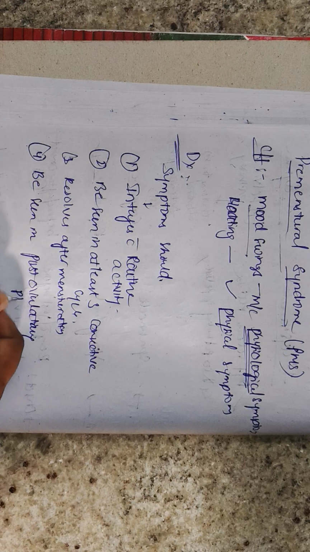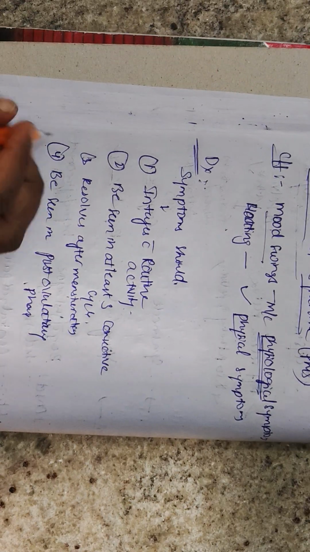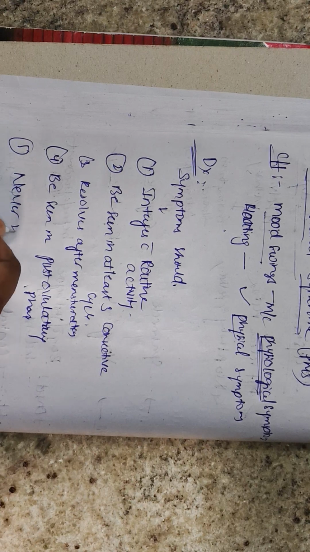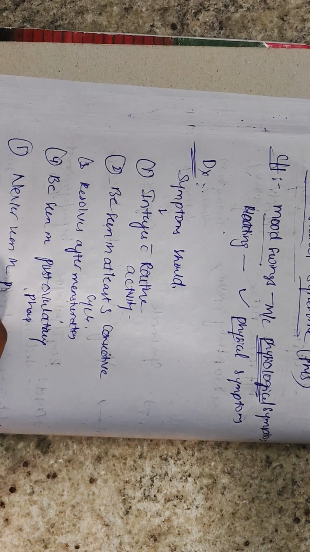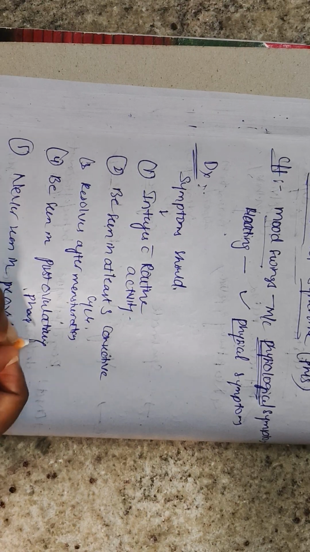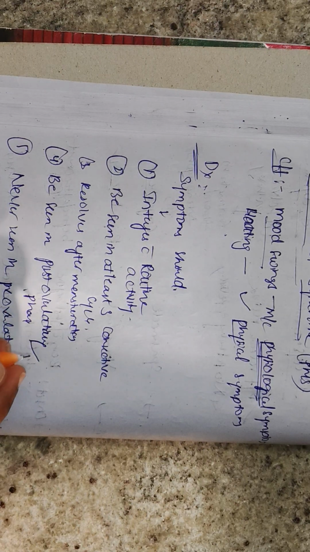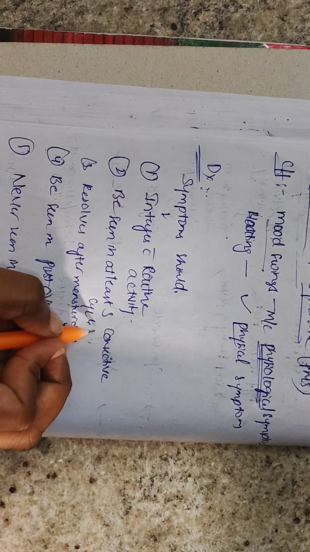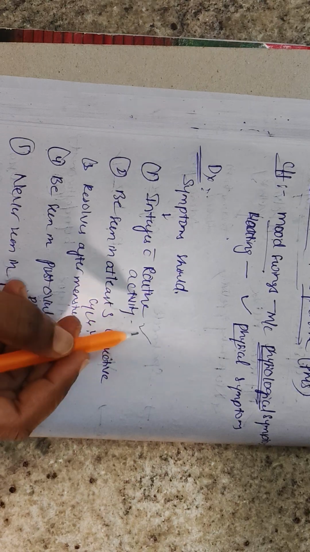It is never seen in the pre-ovulatory phase, and it decreases after menstruation, seen in at least three consecutive cycles, with interference with routine activity.